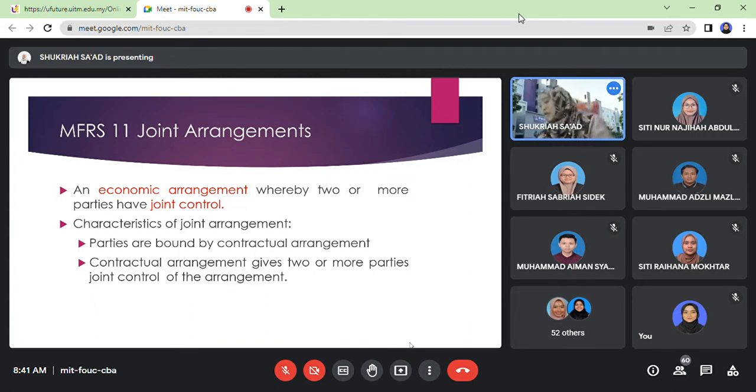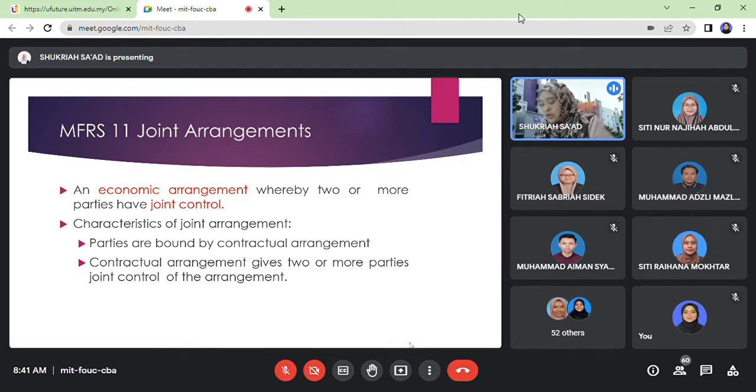If you look at your slide, the standard itself provides the characteristics of joint arrangement. Number one, parties are bound by a contractual arrangement, meaning to say that it should have a documented agreement. It's not verbal, but must be in a black and white document or contract.